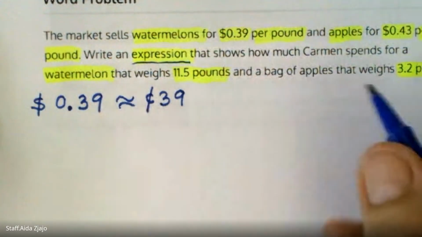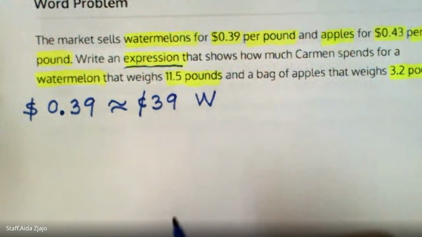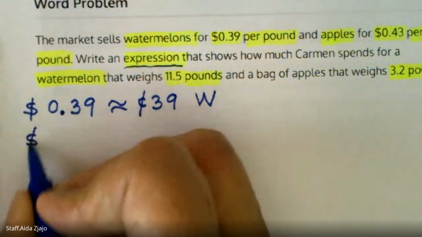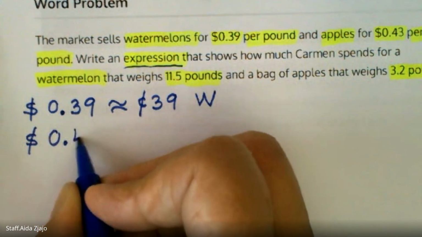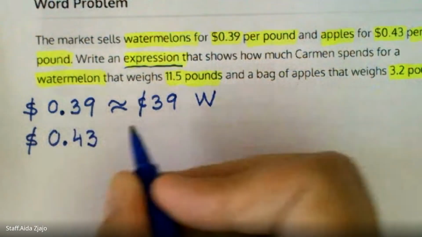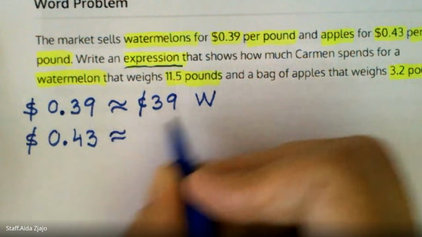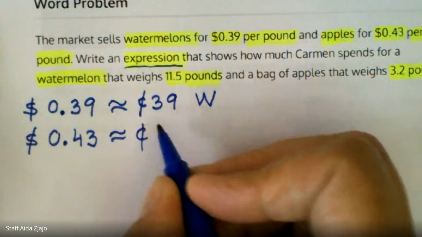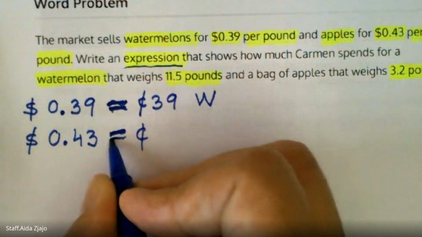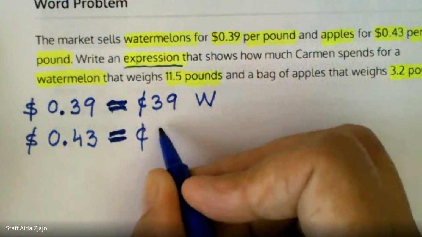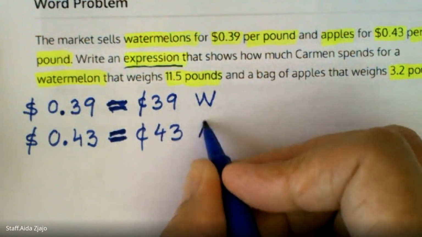Another piece of information: we know this is W for watermelon, and apples are 0.43, which is the same as 43 cents, and that is A for apples.